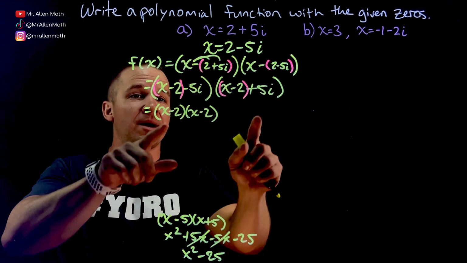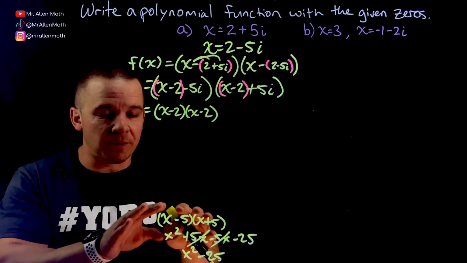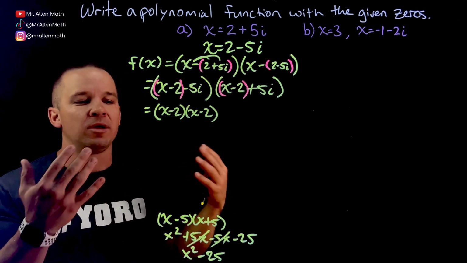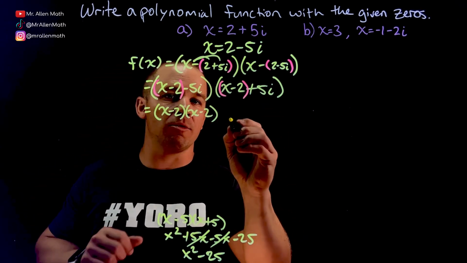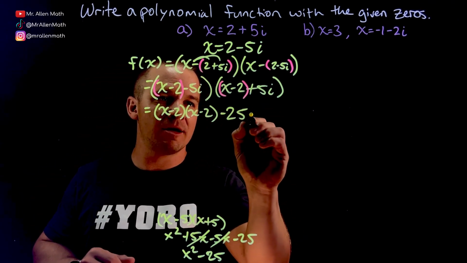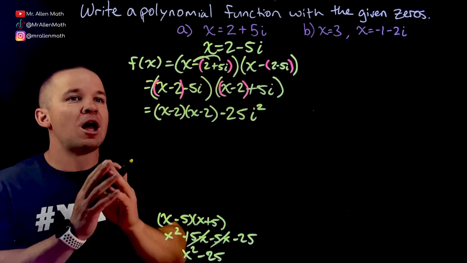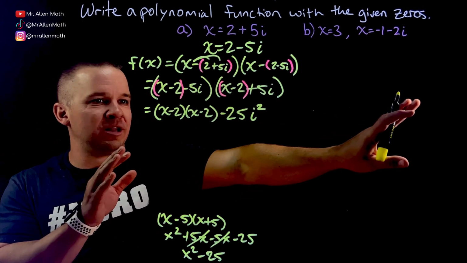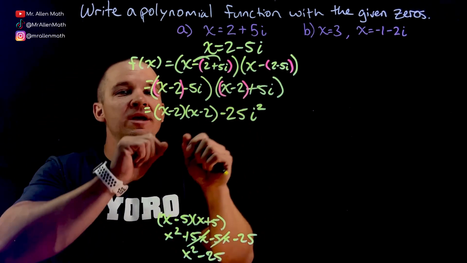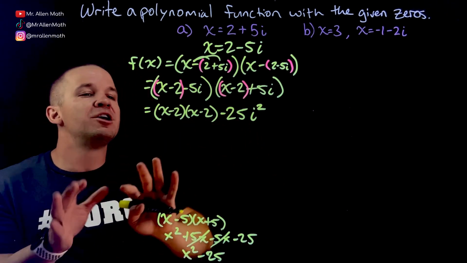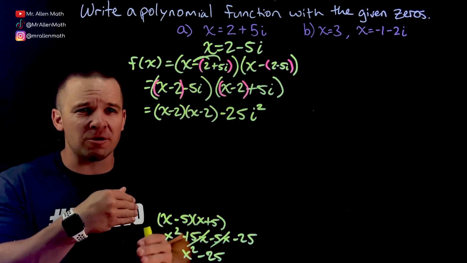I'm not going to worry about the outer and inner because it's the same situation as multiplying two binomials together, which we've done a million times prior to this. Then I can just focus on these two here, which is going to be negative 25i squared. There we go. I could have written all that out. It'd go really long, but it's going to work out this way every single time. You've got to notice the grouping there. I creatively grouped that to allow me to think of this as the difference of two squares type of thing where the middle terms cancel out.